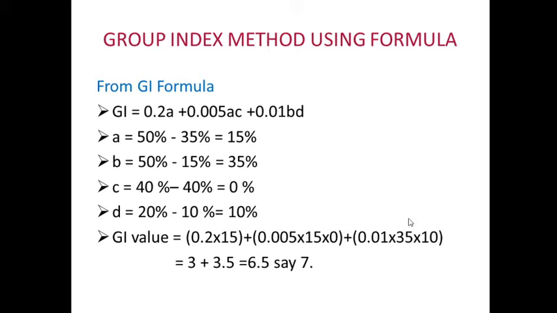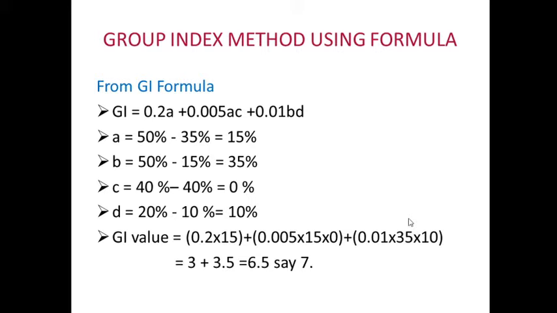Then B, we already discussed, is the portion of material passing the 0.075 mm sieve greater than 15 and not exceeding 55. Our percentage passing is 50%, so 50 minus 15 is equal to 35%.